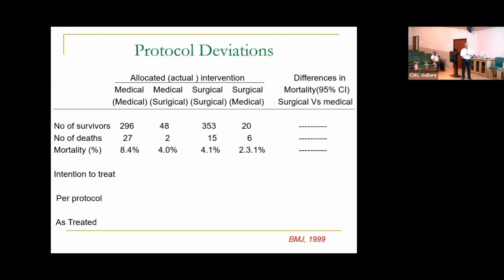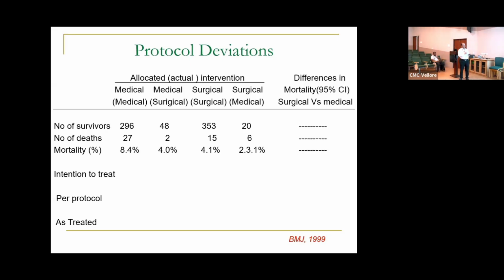Tell me what is the denominator for per protocol for the medical arm? 296. There's only 296. Yes, we are talking about medical. Is that right? How many in the as treated analysis?